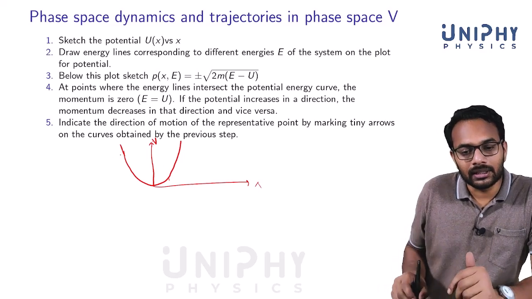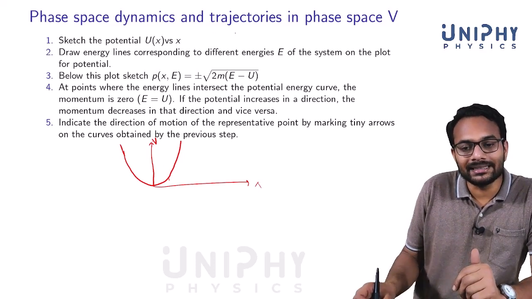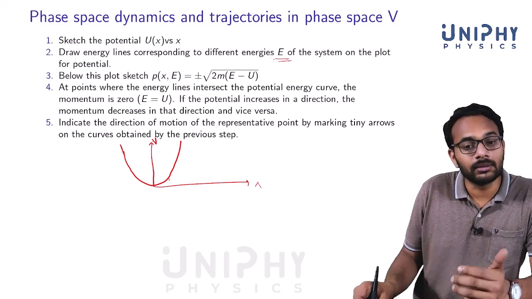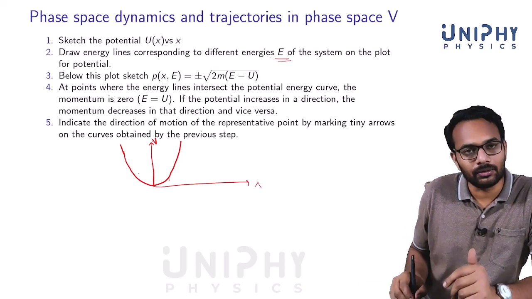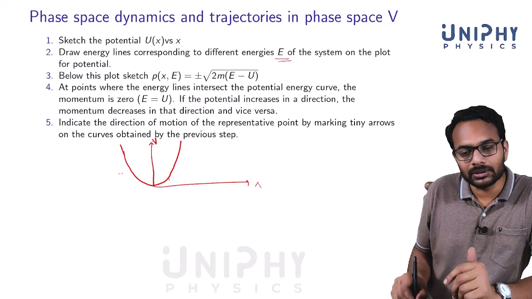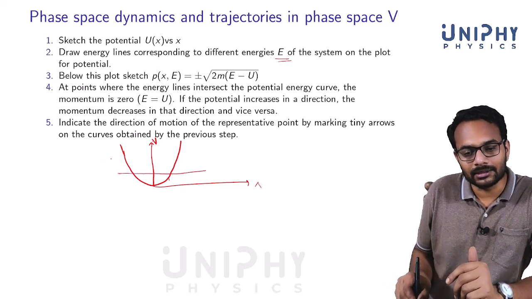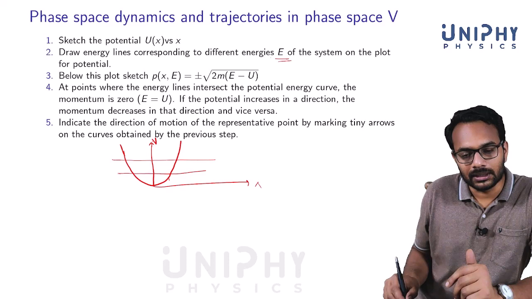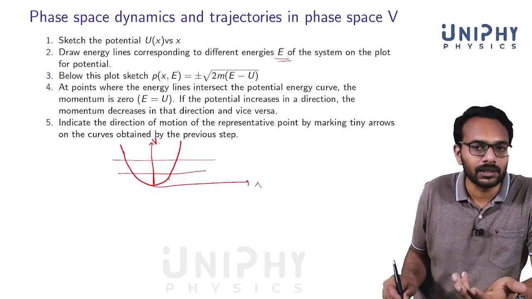So now the next step is to draw energy lines corresponding to different energies E of the system on the plot for the potential. You will understand what we mean by this energy line. Suppose these are possible energies. These lines correspond to different possible energies, because the height from the x-axis has the dimensions of energy, since we are plotting potential.